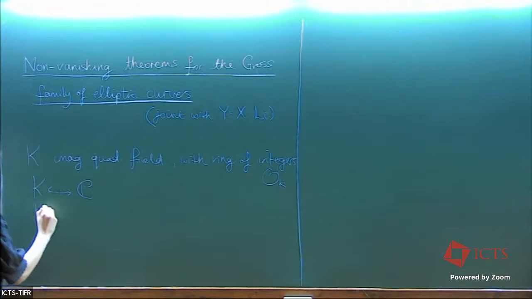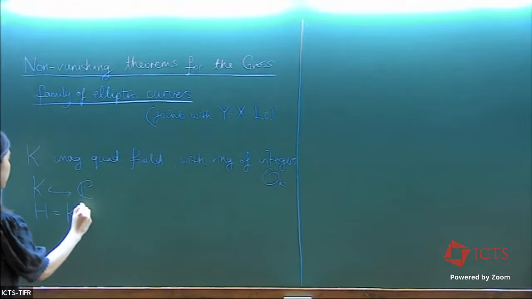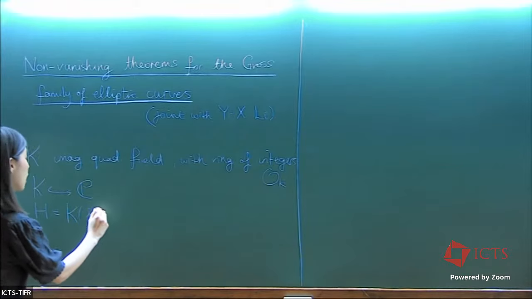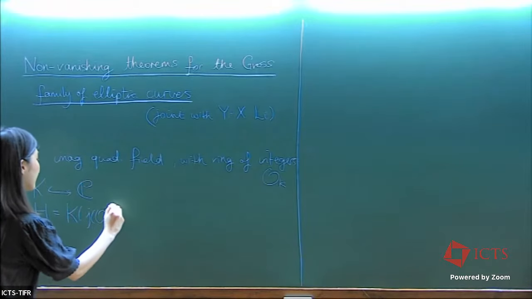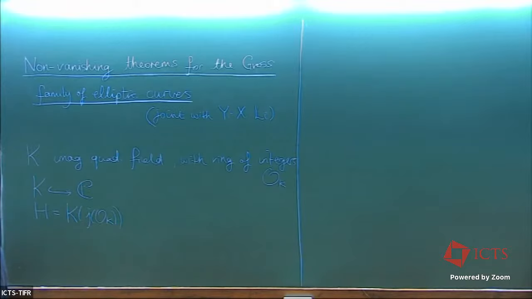Let's fix an embedding of K into C. And then you can get the Hilbert class field of K by adjoining to K the j-invariant of O_K, considered as a complex lattice.